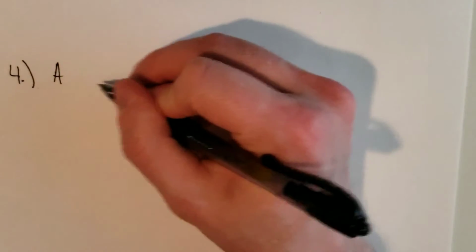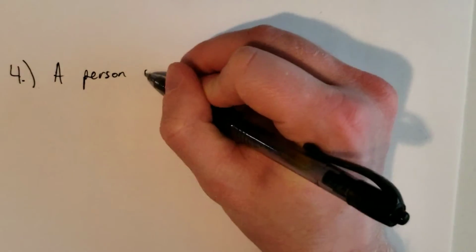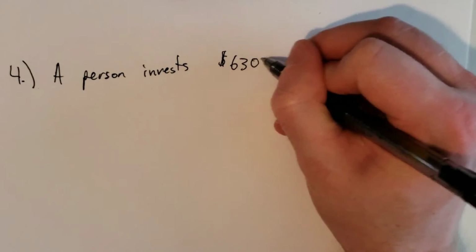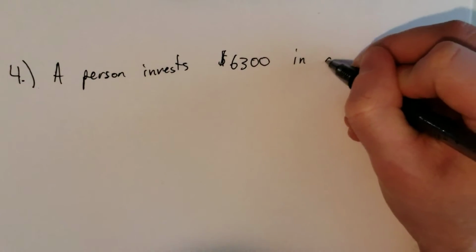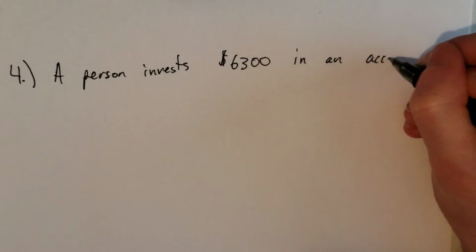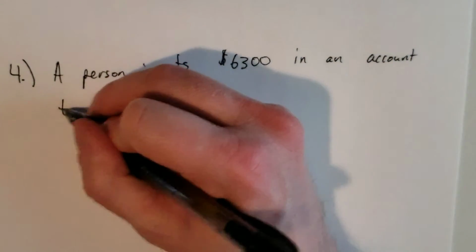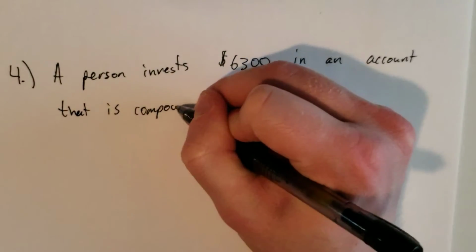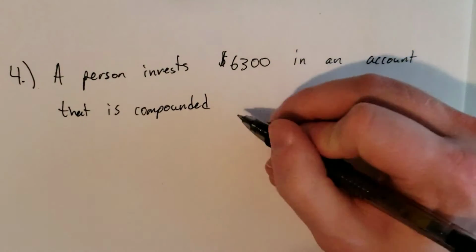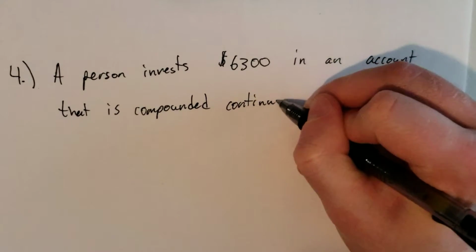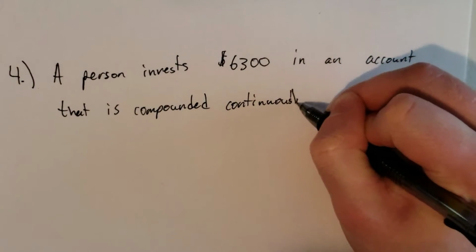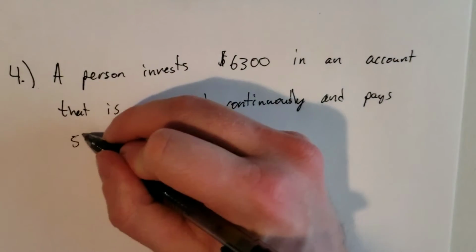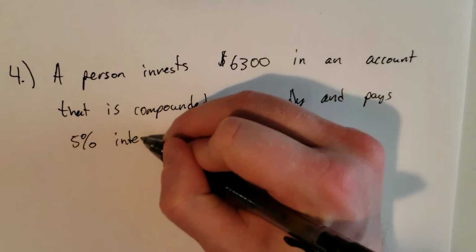So this is a person invests $6,300 in an account that is compounded continuously and pays 5% interest.